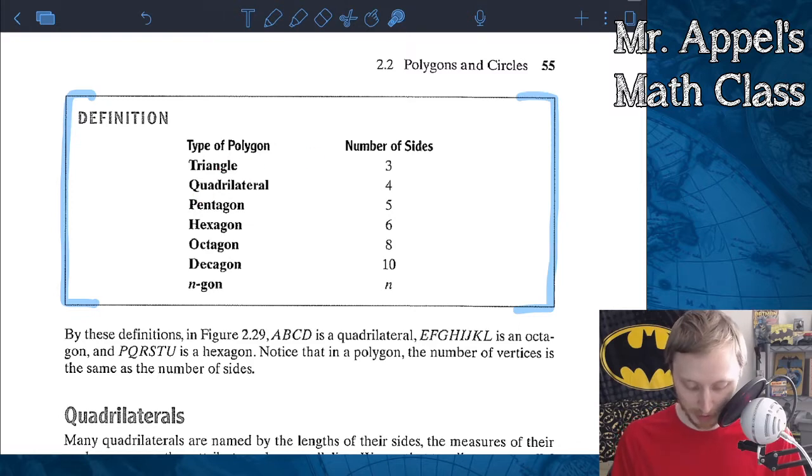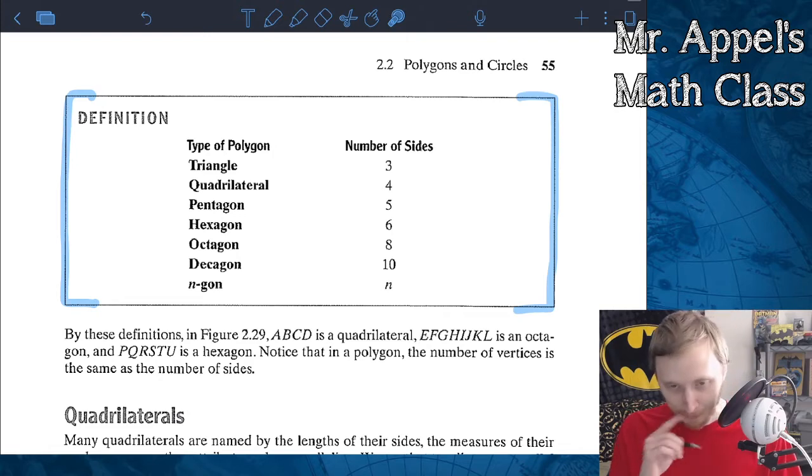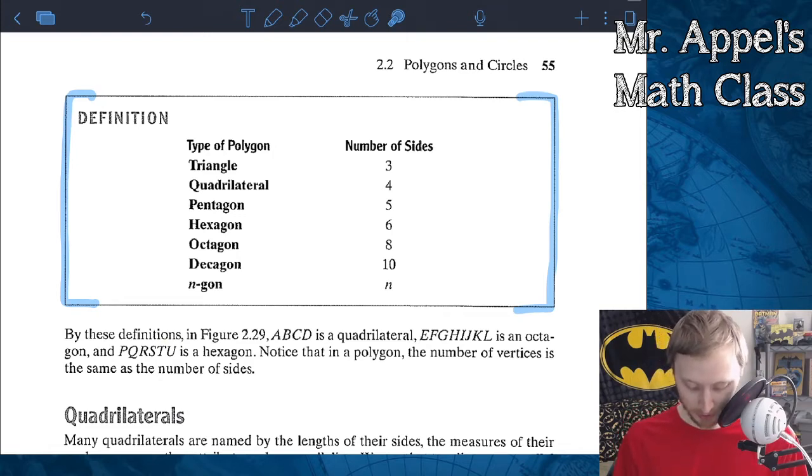Triangle, quadrilateral, pentagon, hexagon, octagon, decagon, n-gon. That's just the general, any number n. By these definitions, in figure 229, ABCD is a quadrilateral, EFGHIJKL is an octagon, and PQRSTU is a hexagon.